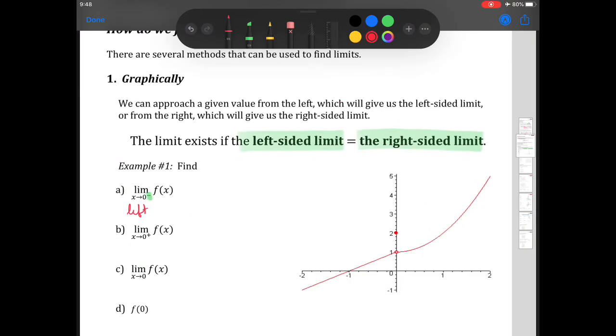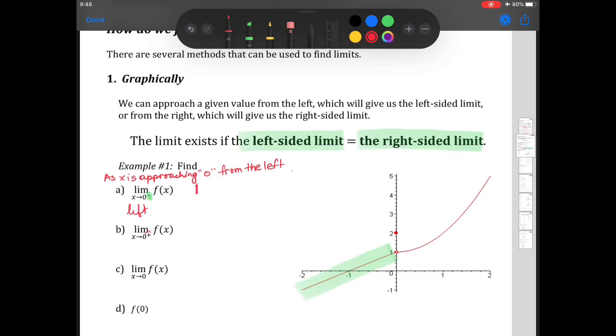Let's write that down: as x is approaching 0 from the left. That's how you read it. So what is f of x? I'm going to trace it. I always like to trace them. As I'm approaching 0 from the left, what number am I approaching? It is 1, right? That's my y value.